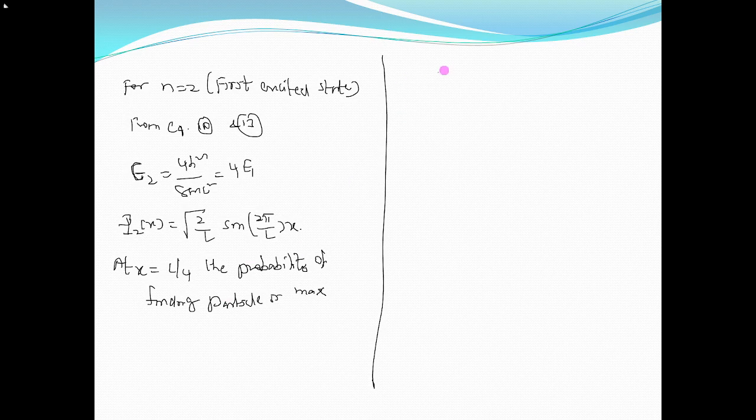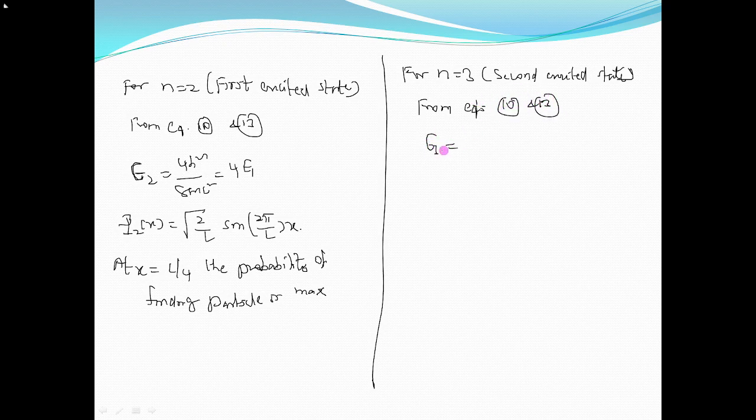Next, if we go for n is equal to 3, n is equal to 3 is the second excited state. So from equations 10 and 13, I can write E3 is equal to 9h square by 8 ml square, which is equal to 9 E1.